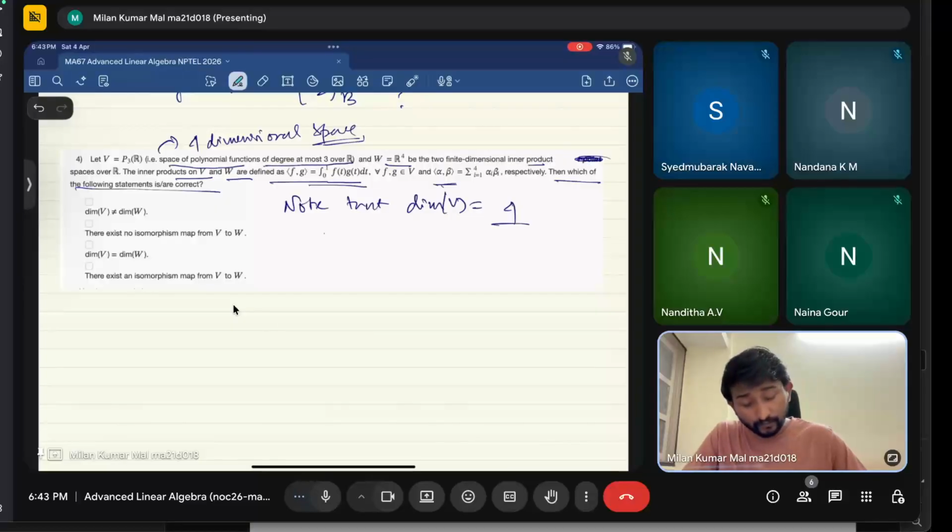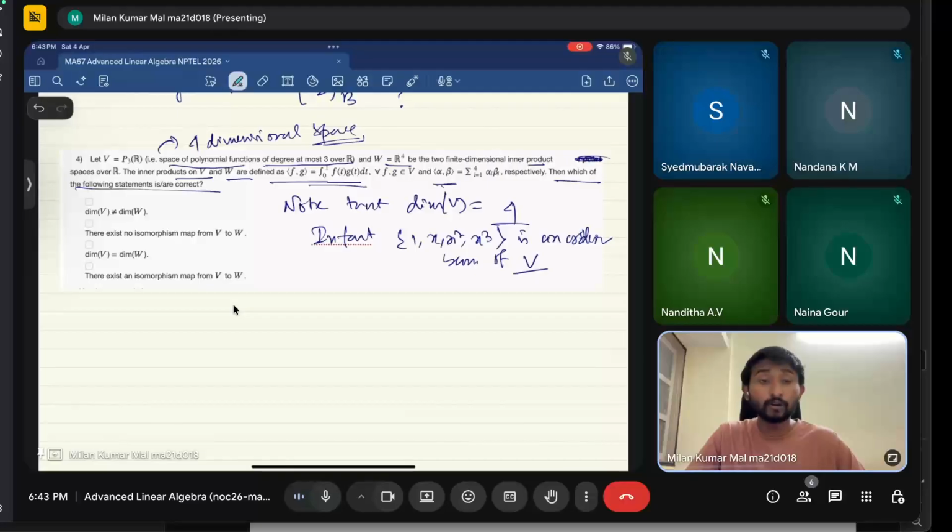In that case, we know 1, x, x square, x cube is an ordered basis of V, but that need not be an orthonormal basis. In fact, this is not an orthonormal basis.